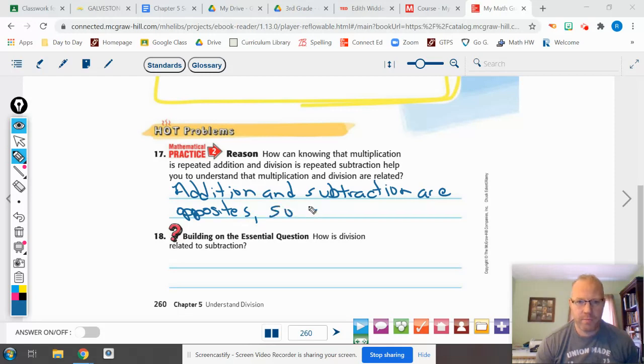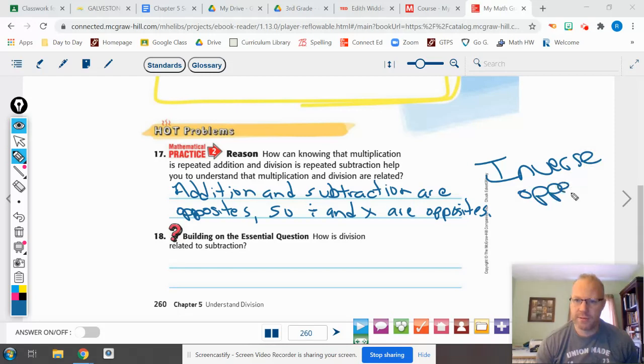So, division and multiplication are opposites. And this word is called inverse operation. Whoa, one P. So inverse operations are opposites.